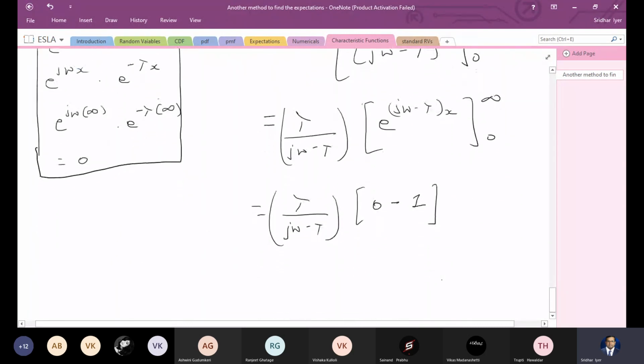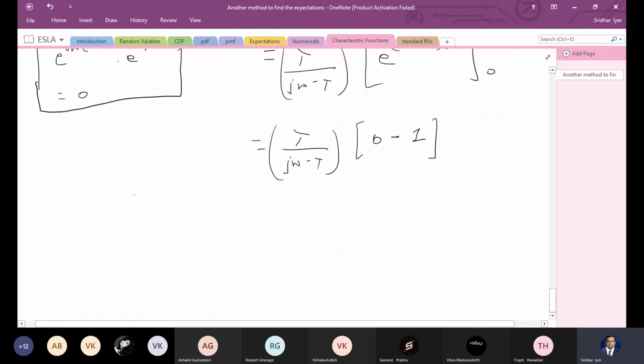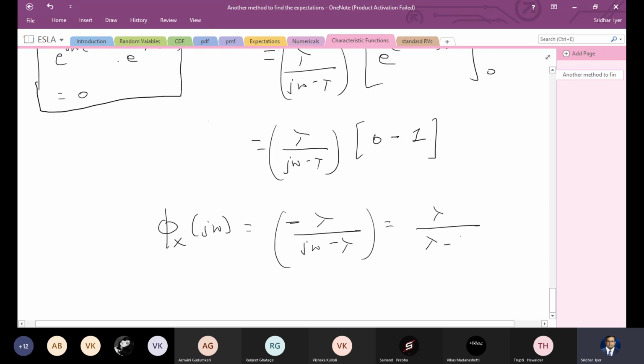For this given PDF, the characteristic function phi x of j omega is negative lambda by j omega minus lambda, or if you want to write it in a positive format, it will be lambda by lambda minus j omega.